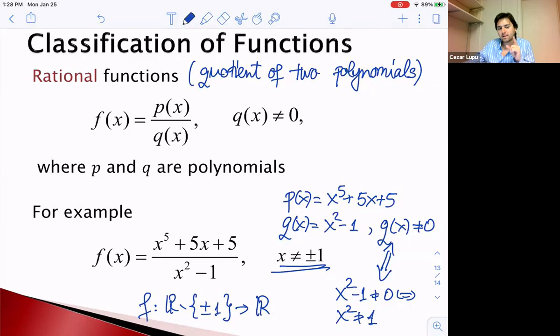You will see that something happens at this point. And you can come up with plenty of other rational functions. You can cook whatever you want, but make sure that the bottom is always different than 0. That's the thing that you need to take care of.